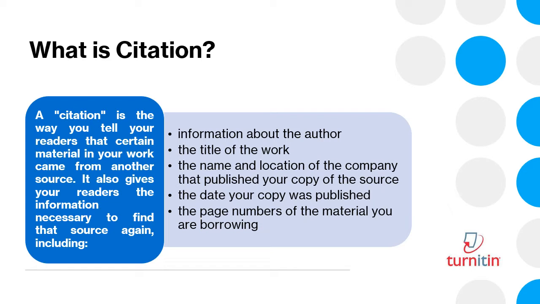It also gives your readers the information necessary to find the source again, and it includes information about the author, the title of the work of the past authors, name and location of the company that published the copy of that particular source or document. It also includes the date of that particular research article, page number, and the material you are borrowing from. So all this information will be available within that citation.